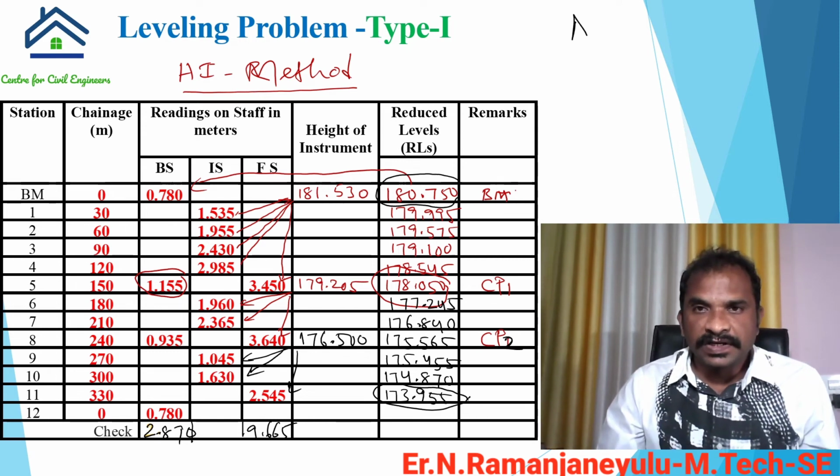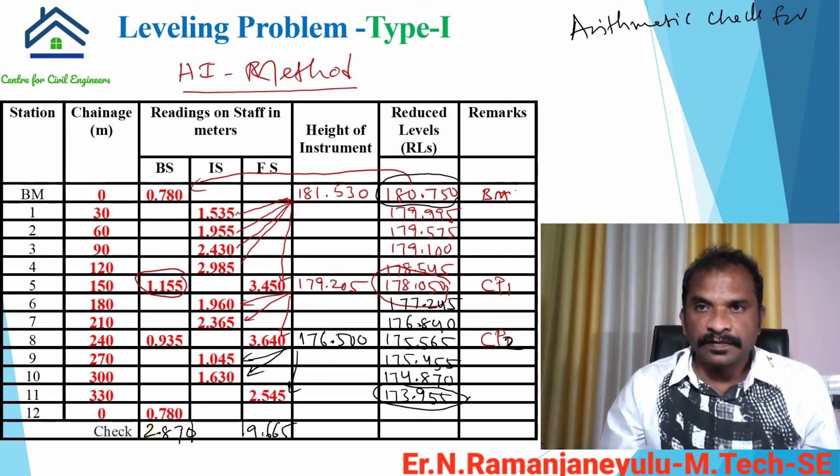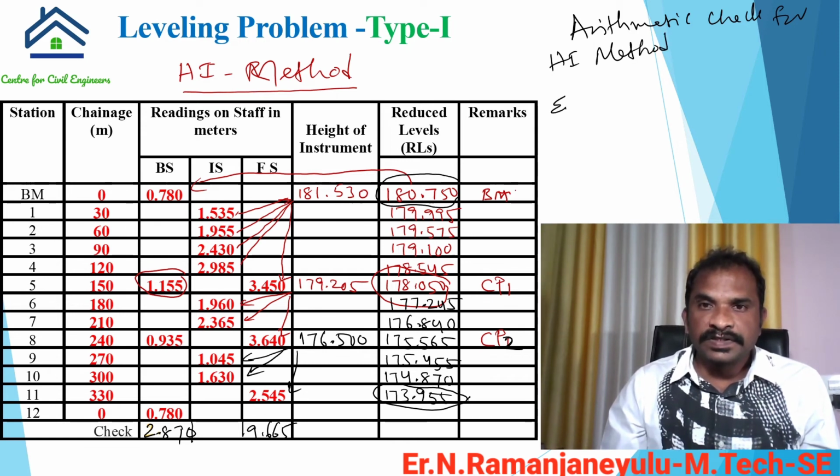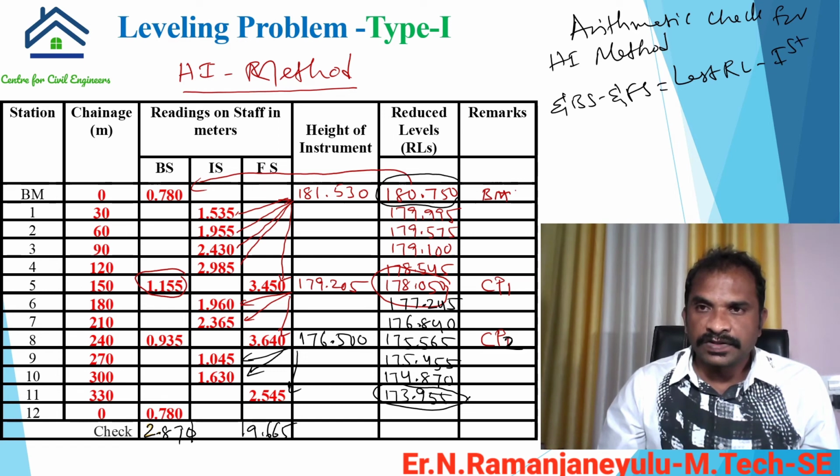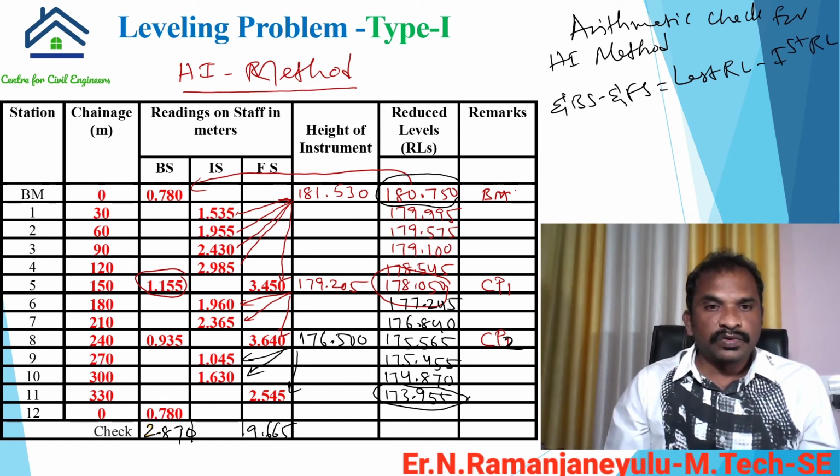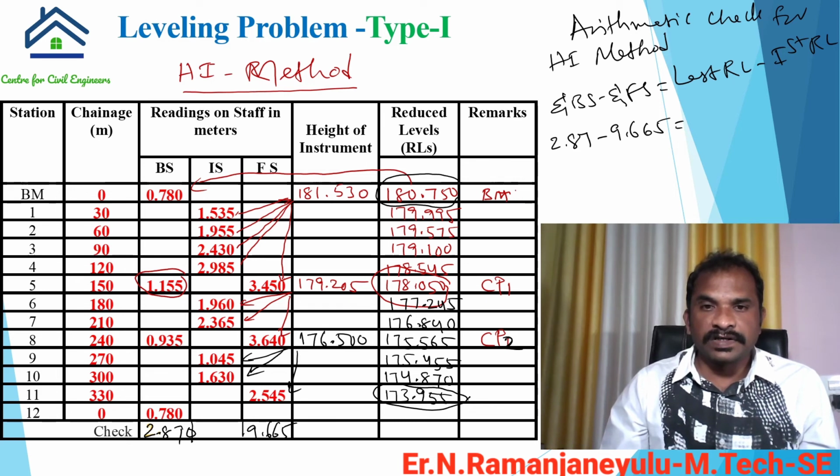Now the arithmetic check for the HI method is simply sigma BS minus sigma FS is equal to last RL minus first RL. Sigma BS is 2.87 minus 9.665, is equal to last RL 173.955 minus first RL 180.750.